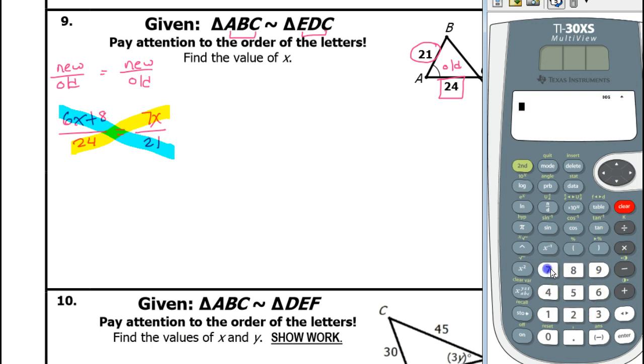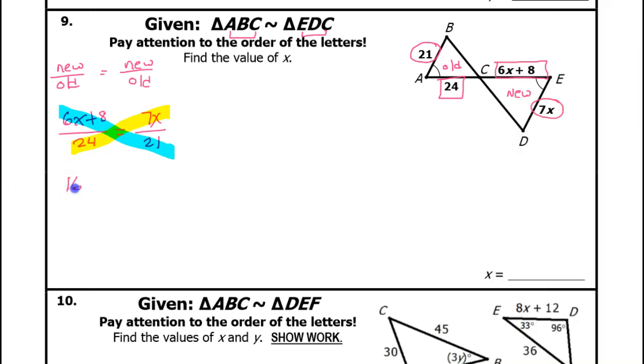So I'm going to have 7 times 24. So that is 168x. And then I've got this 21 times 6x plus 8.